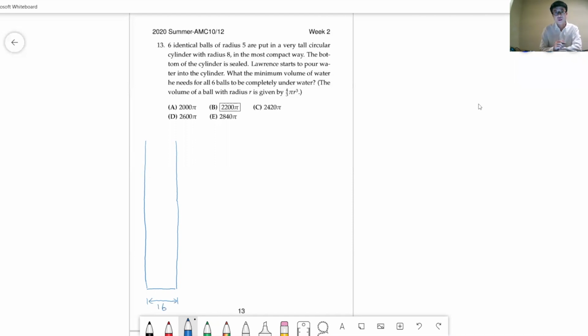Okay, diameter is 16. And we have ball radius 5, or diameter 10. So basically, we can put one ball here like this, but we cannot put 2 balls horizontally. Okay.